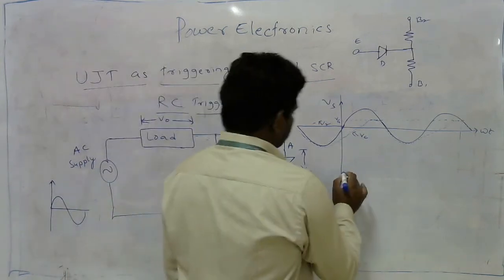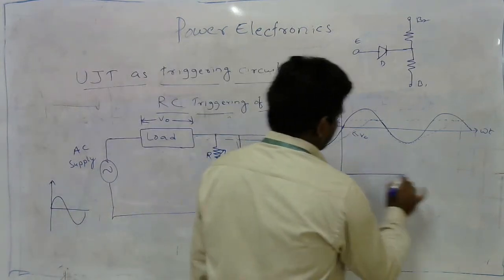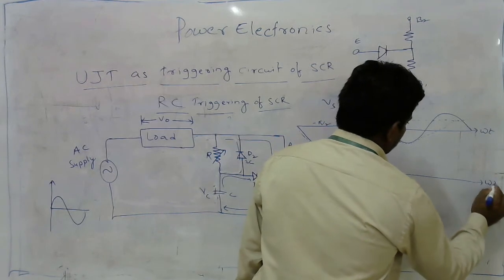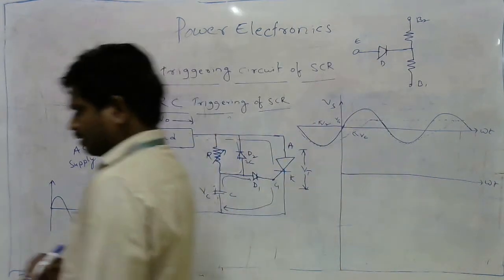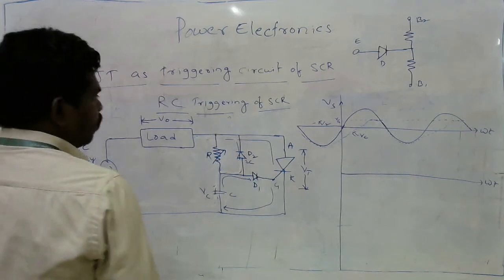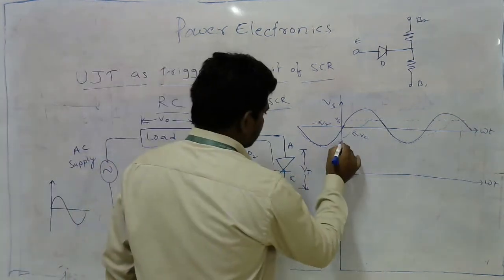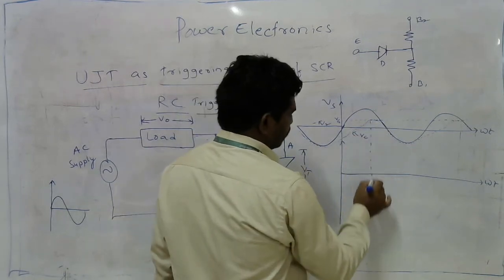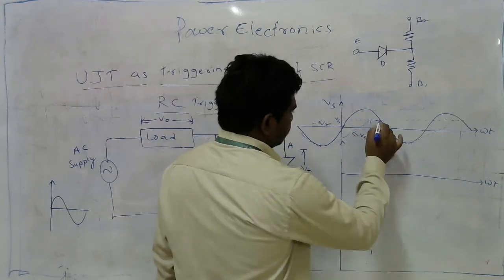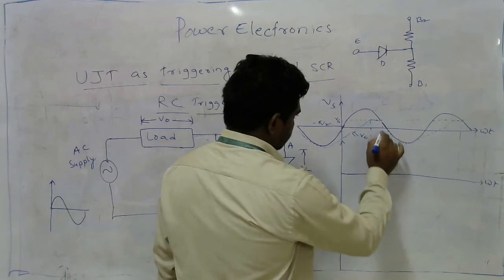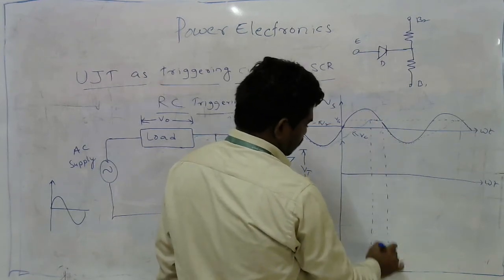Then we'll see another output, another waveform, that is the voltage across the load. Just draw the vertical lines from this point, like this.